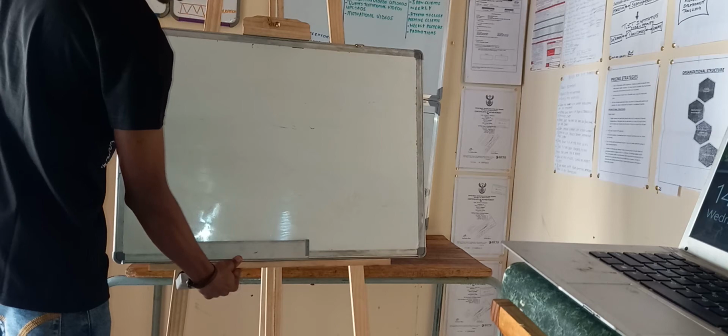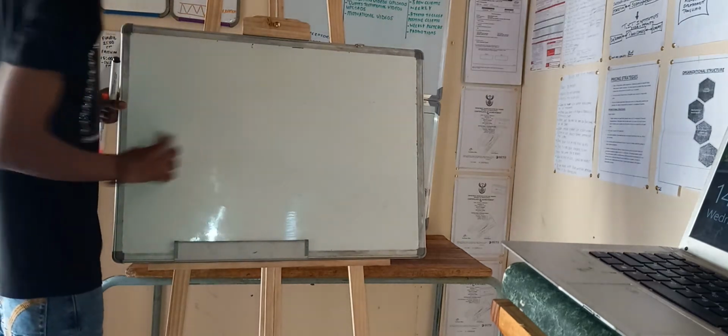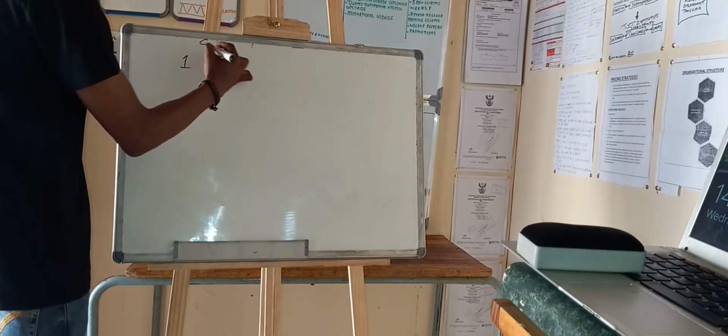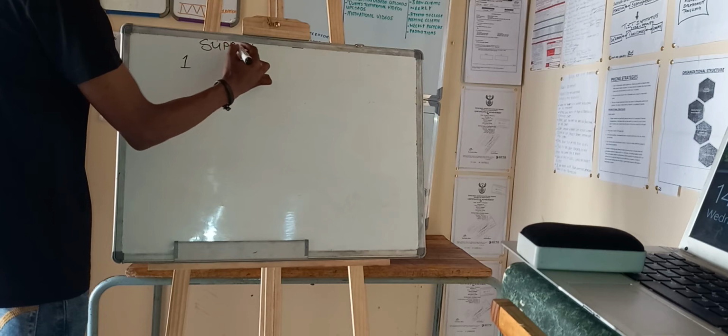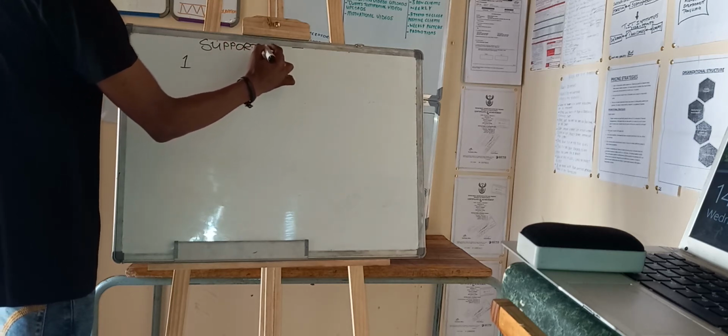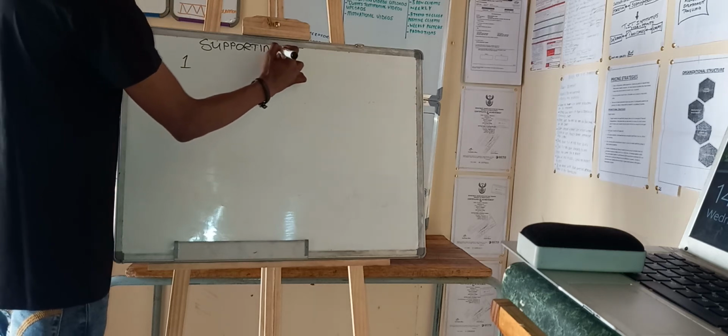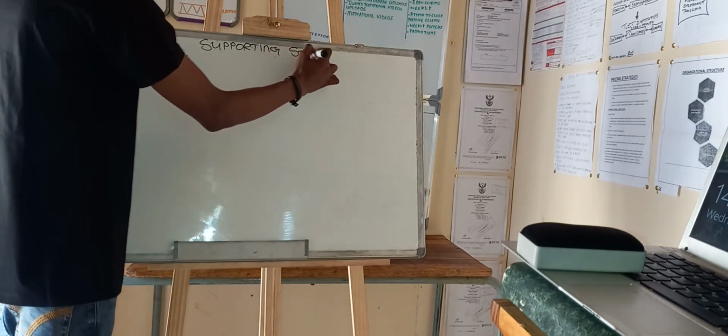Here comes the best part also. Please don't miss this. Firstly, we have what we call the supporting structures of a strategy. Every strategy has a supporting structure. What do we mean by that?